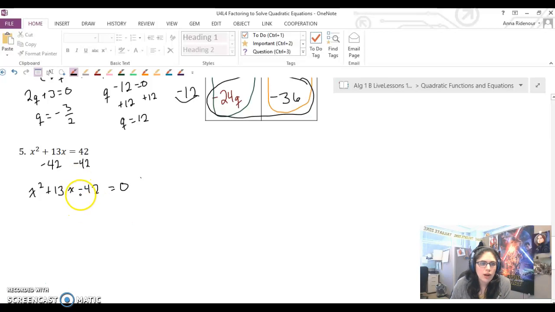So then I'm going to figure out what two numbers multiply together to be negative 42 and add together to be positive 13. So, well, negative 6 times 7 is going to give you 42.